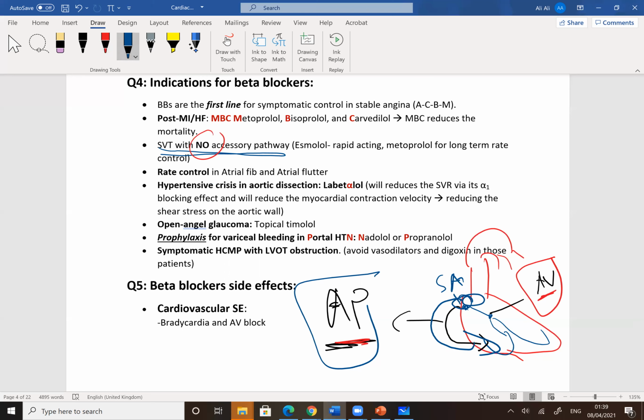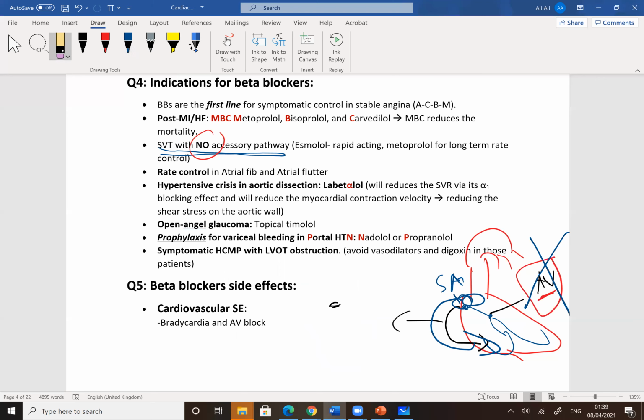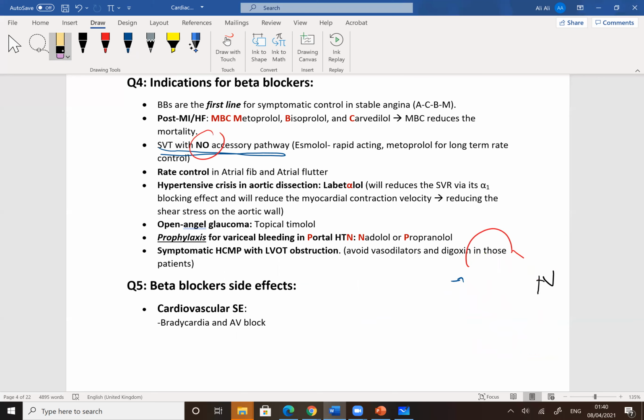If you give an AV nodal blocking agent, all impulses will be transmitted through the accessory pathway. The patient will enter ventricular arrhythmia and cardiac arrest, okay? Because the function of the AV node is to slow the cardiac conduction from the atria into the ventricles, the normal AV nodal delay.